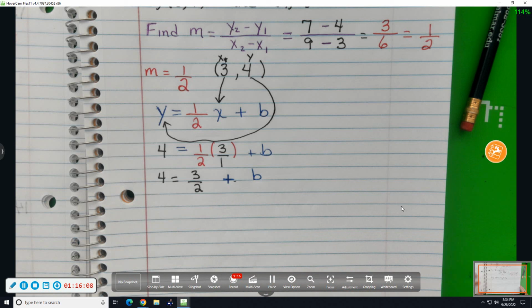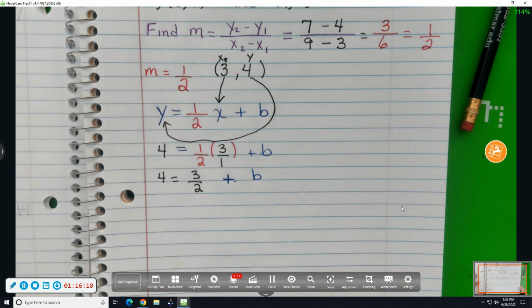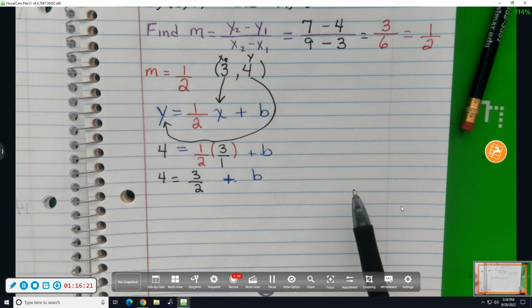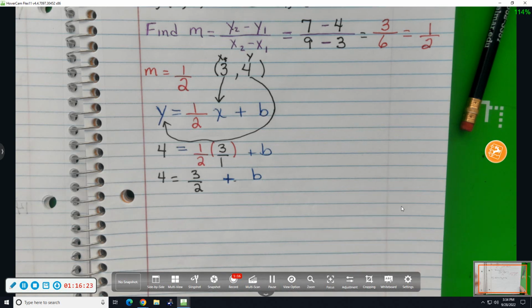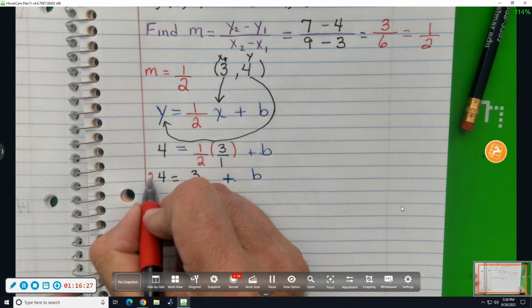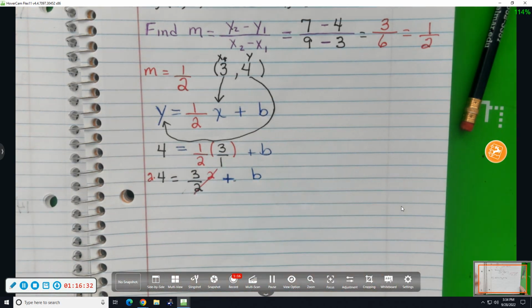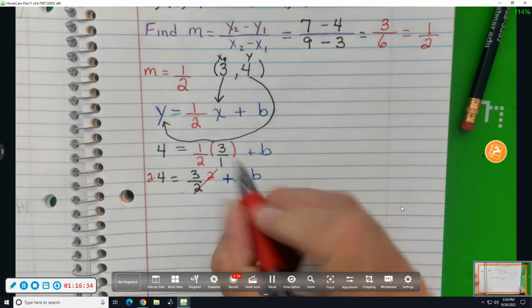If you wanted to get rid of the fractions, what would I multiply through by? What's the denominator I need to cancel out? A 2? So we could just multiply straight through by 2 if we want. How do y'all want to do it? Multiply? Okay, so multiply. Right here it's just canceling out that 2. Don't forget to put the 2 there in front of the b.